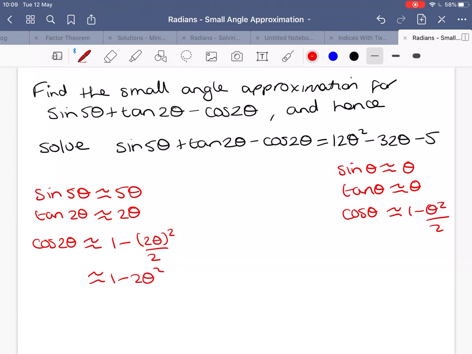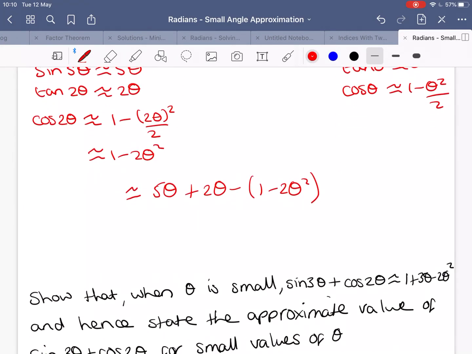Okay, so when I put that in, I'm going to get 5 theta plus 2 theta minus, and again remember put this in brackets, 1 minus 2 theta squared. So what's that going to simplify to? It's going to simplify to approximately 7 theta minus 1 plus 2 theta squared.